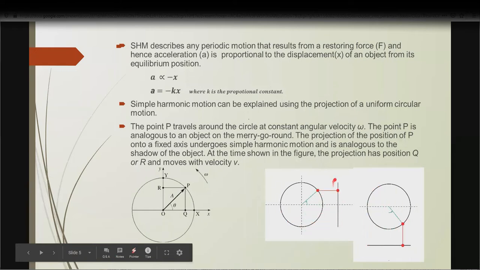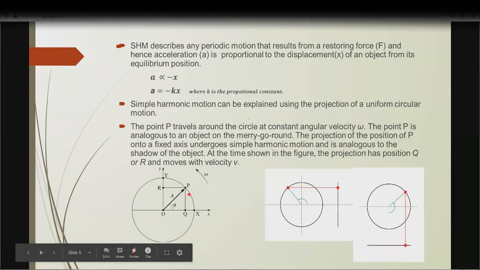When this dot completes one circle, this projection starts from this point, goes downward and again returns to the original position. So when this dot completes a circle, the projection completes one periodic pattern. Okay.